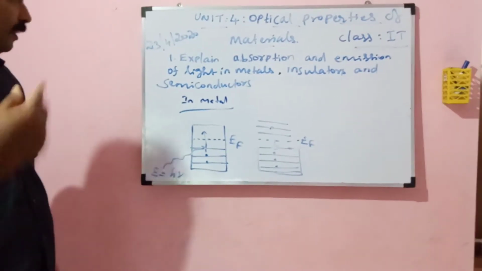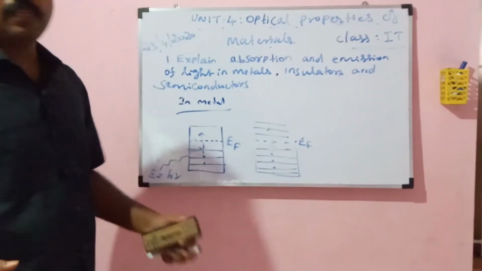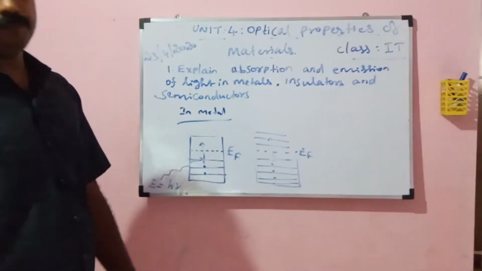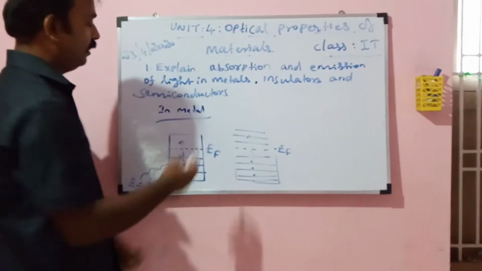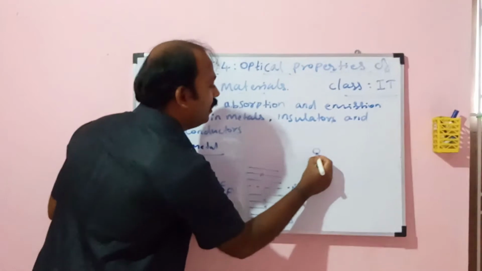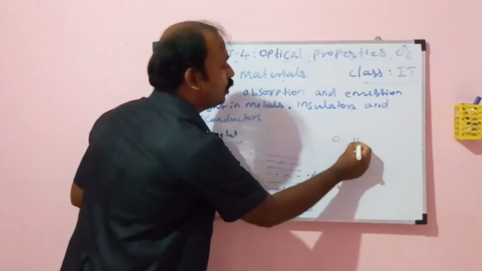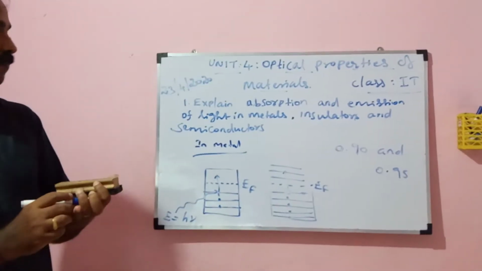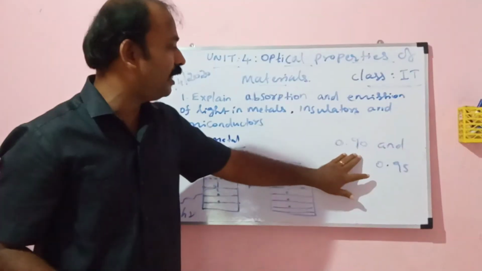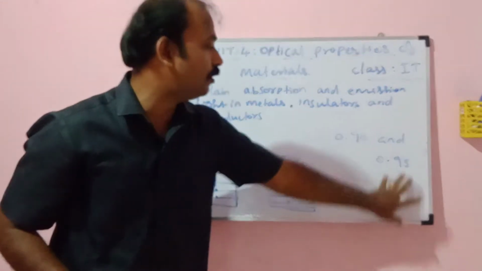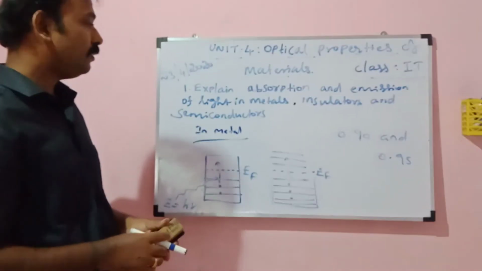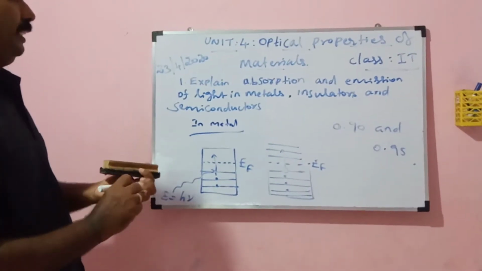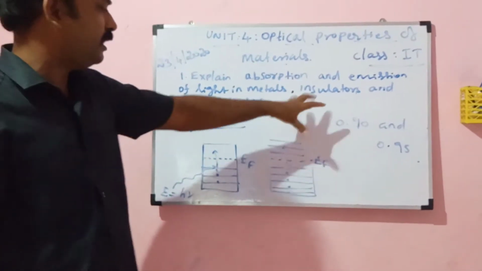Further, metals have an ability called reflectivity. The reflectivity of metal lies between 0.90 and 0.95. So what is the need of this reflectivity?